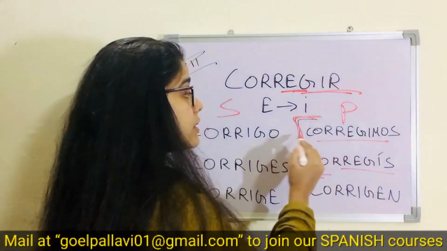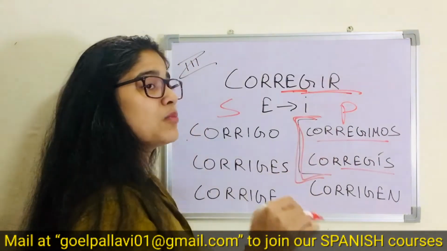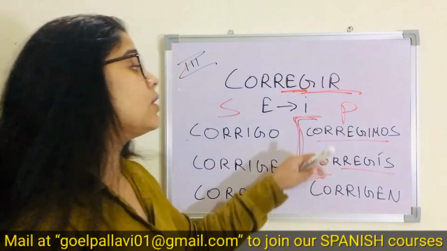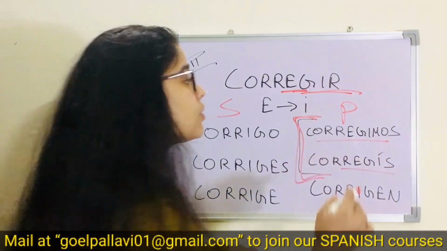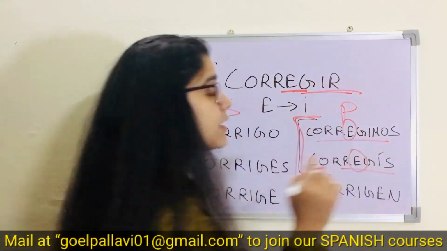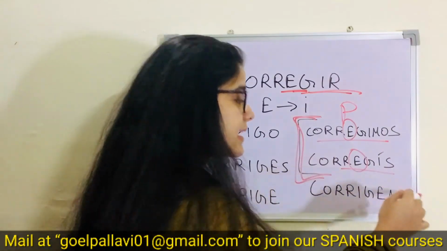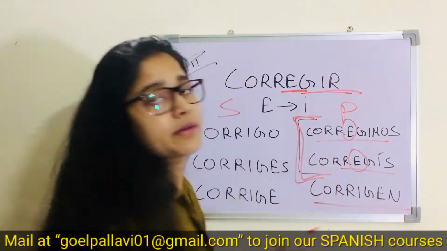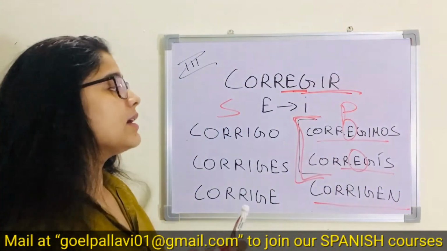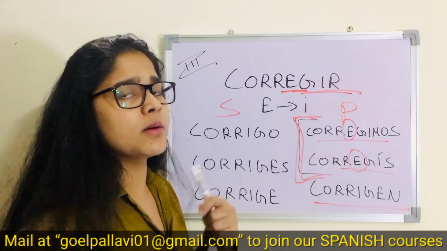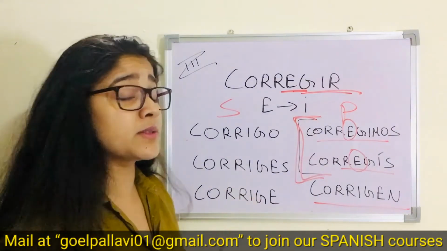Corregimos, that will not be corrigimos. No, that will be wrong. Corregimos. We are not changing this. So corregimos, corregís, corrigen. That will be tough to pronounce, but practice makes man perfect.